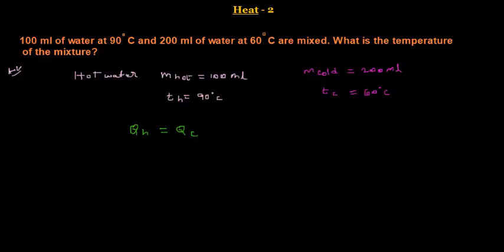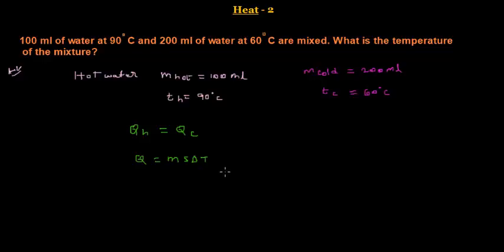Now we know that Q is equal to m s delta T, where m is the mass of the body, s is its specific heat and delta T is the temperature difference attained due to the heat.